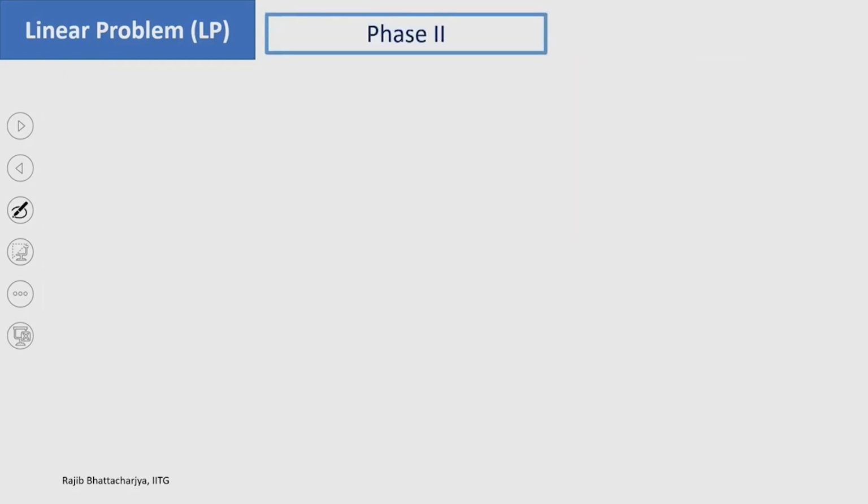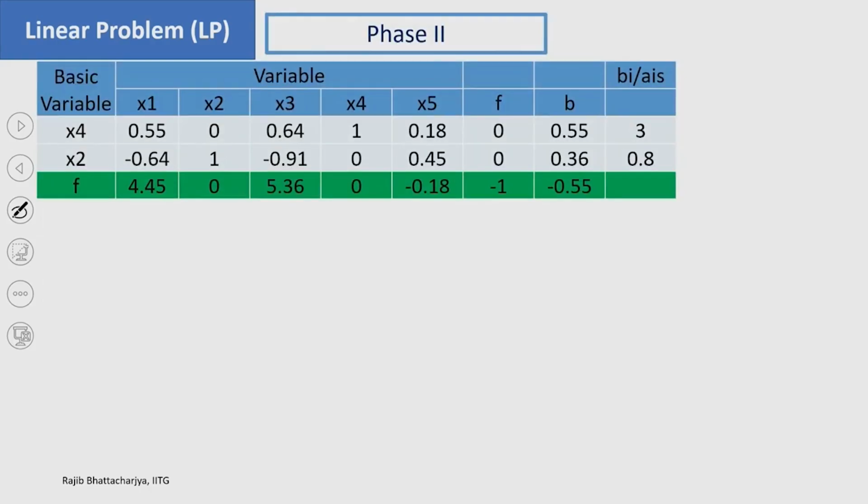So, what will be the phase 2 now? In phase 2, I will remove that last objective function, the phase 1 objective function w equal to y 1 plus y 2, and now I will consider the original objective function, from the last table of phase 1. Now, if you look at the objective function rho, is there any negative value?